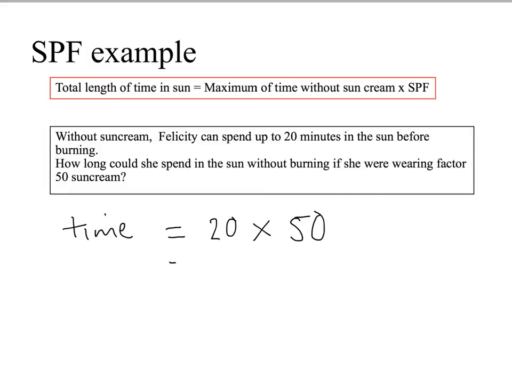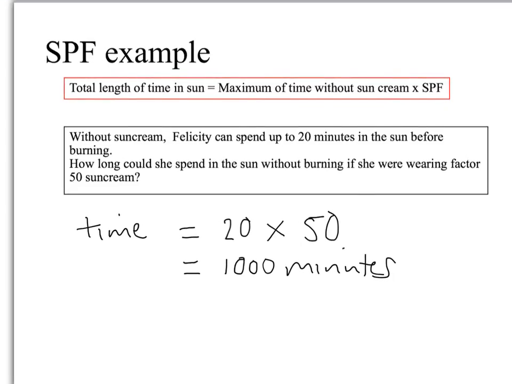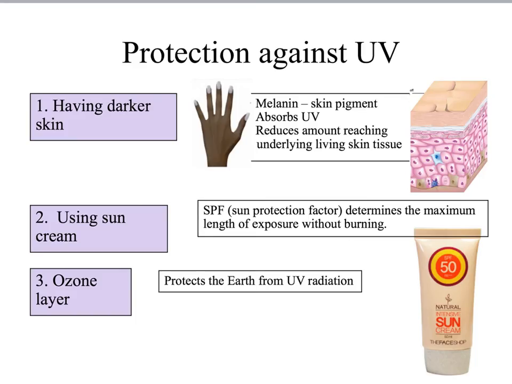So now we have 20 times 50, which gives us 1,000 minutes. And if I divide that by 60, I get 16.7 hours. So we know that having darker skin offers greater protection against UV, as does using sun cream.